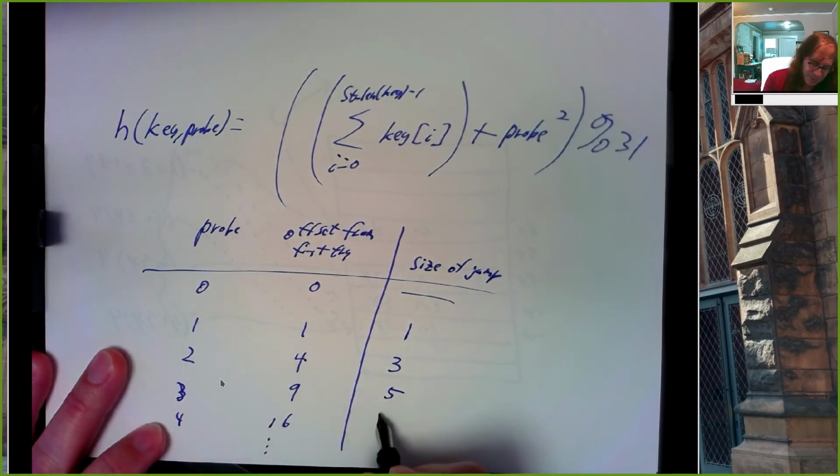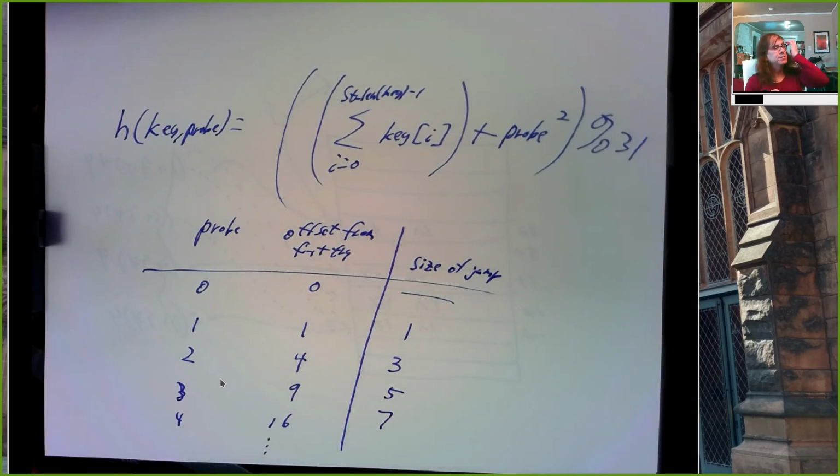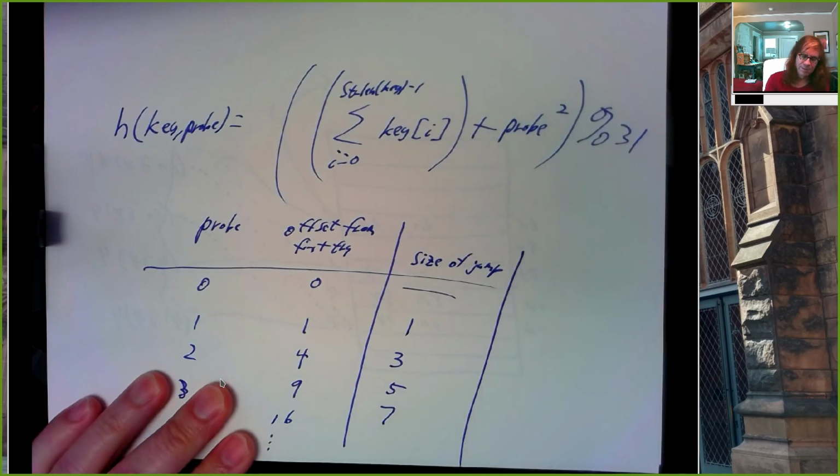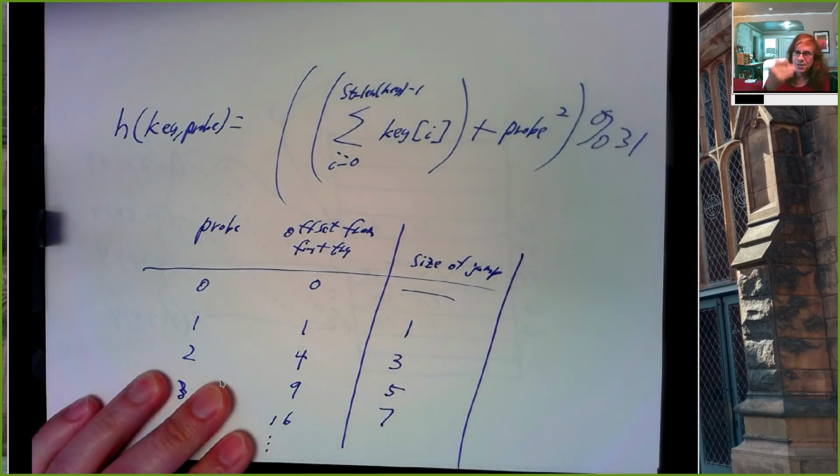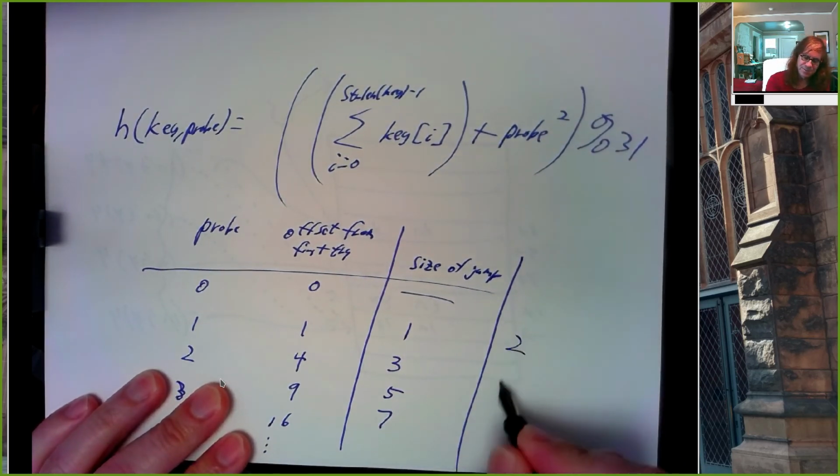If we probe again, we're going to move down another 7 spots. So each time we probe, we're not only moving down the table, but we're moving down further than the last time that we probed. Right, and these sizes of jumps are increasing. They're increasing by 2 each time.